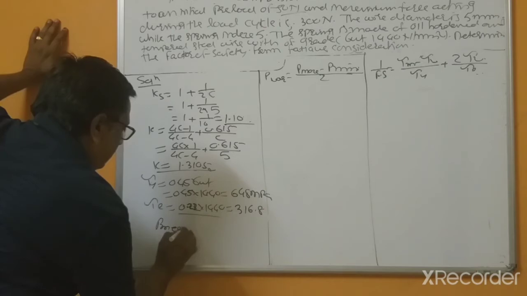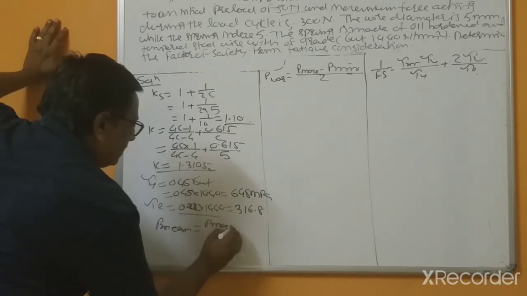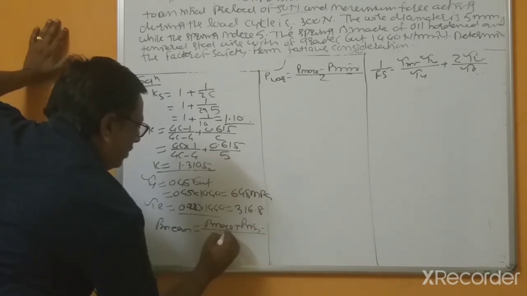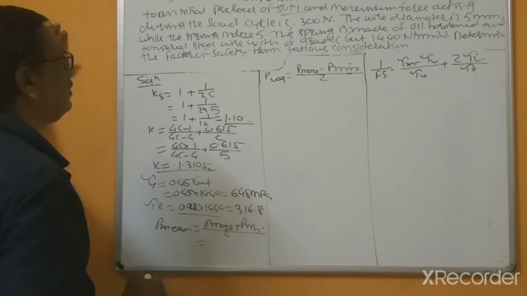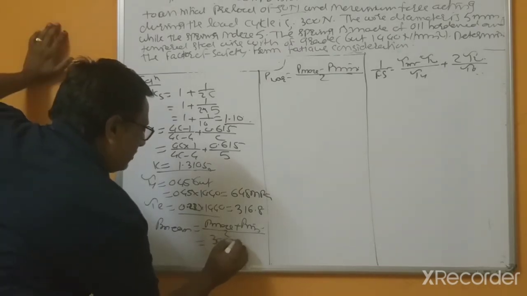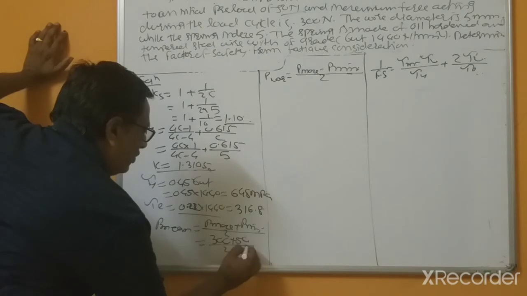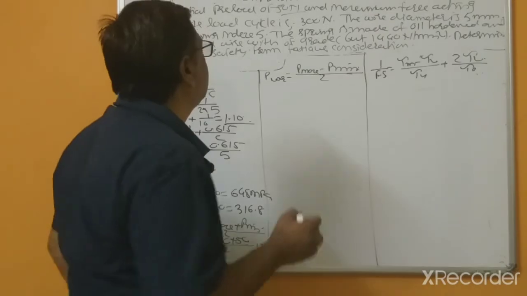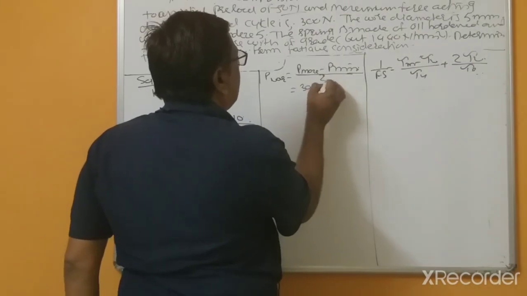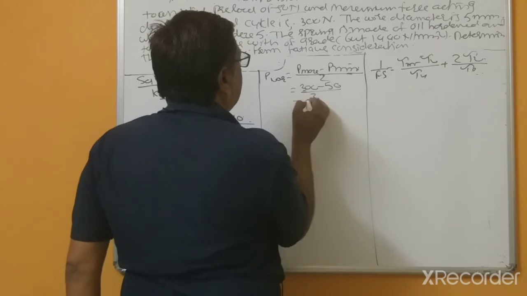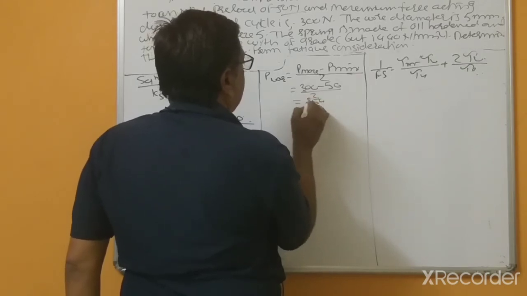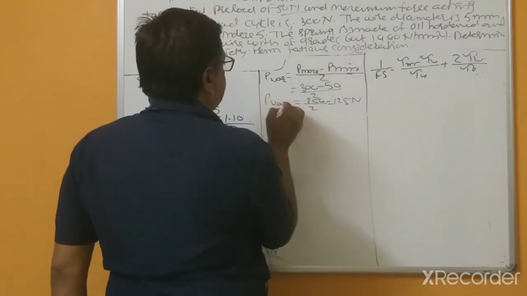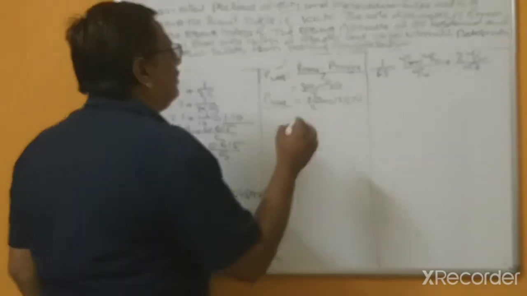P mean equal to (P max plus P min) divided by 2, so (300 plus 50) divided by 2 is 175 newtons, and P variable is (300 minus 50) divided by 2, which is 125 newtons.